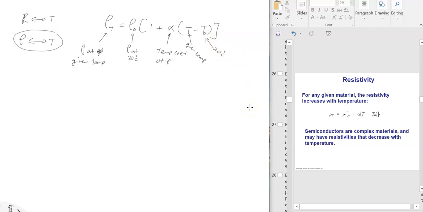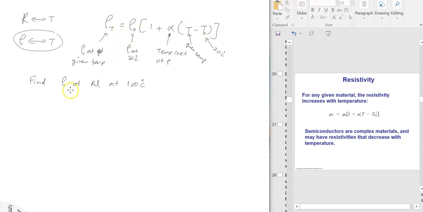Okay. So how do you use this equation? For example, let's say somebody says, find the resistivity of aluminum at 100 Celsius. How do you do that?